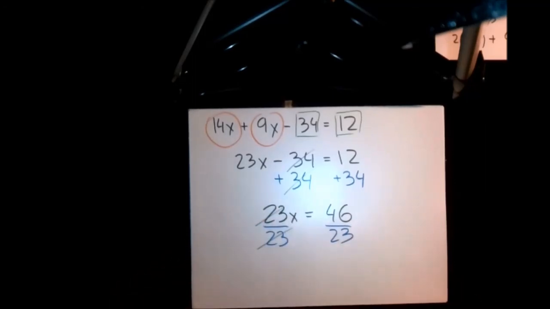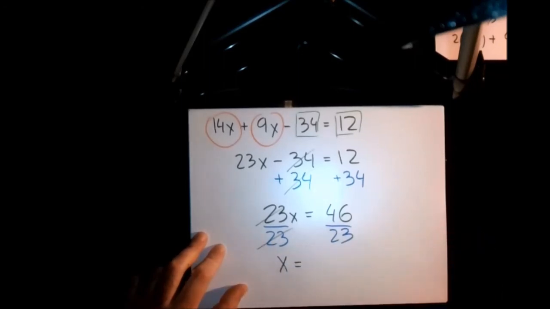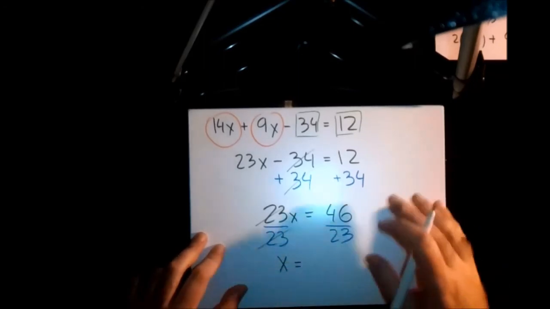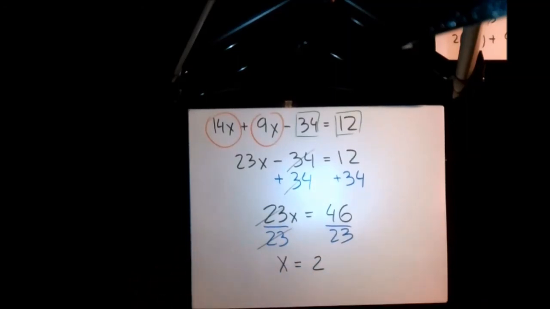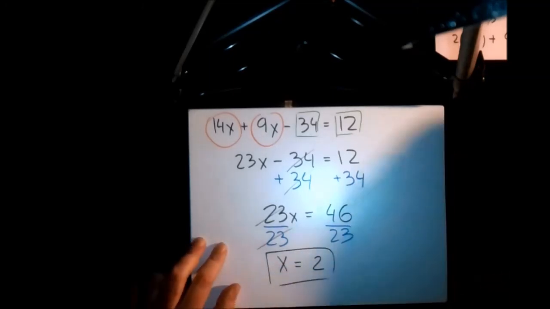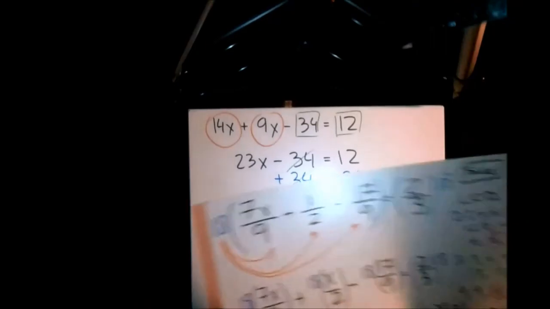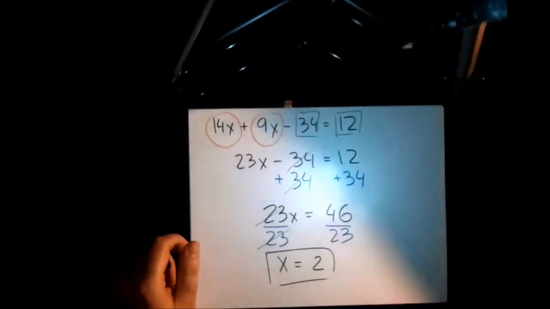Multiply by 23, divide by 23, that cancels out to 1. There's still a 1 there, but we're going to ignore it because anything times 1 is itself. So we just have the x there. And 46 divided by 23, if you can recognize that, it's just a 2. 23 goes into 46 twice and it goes into that evenly. All right, answer. Finally, after all of this, we get to the answer.